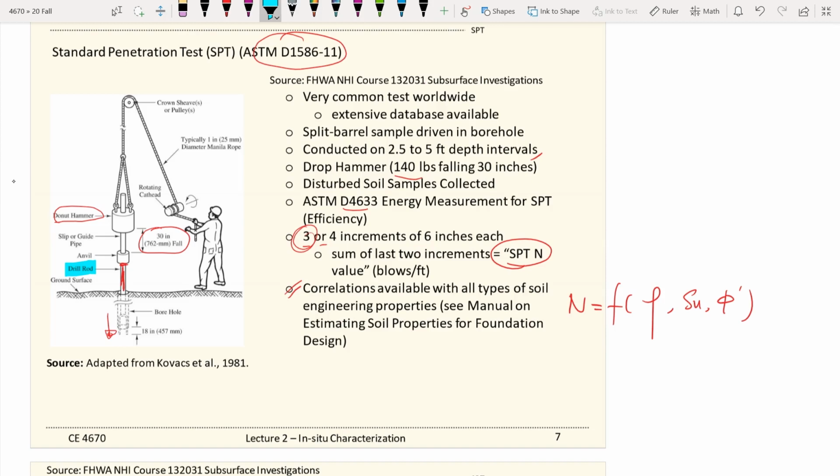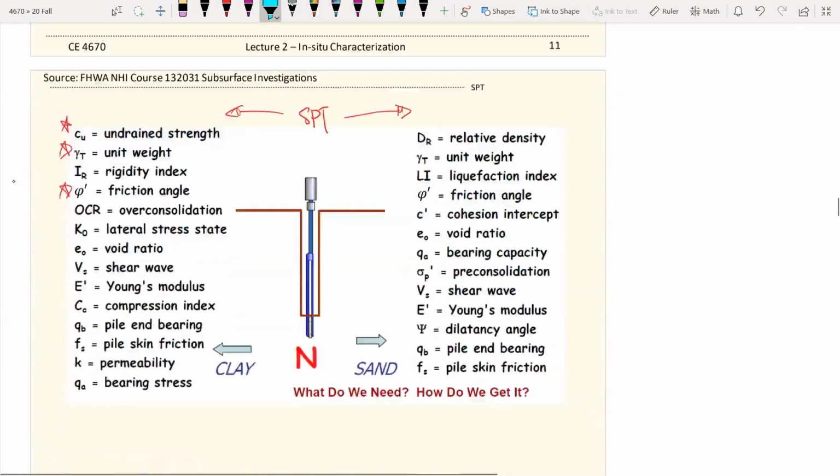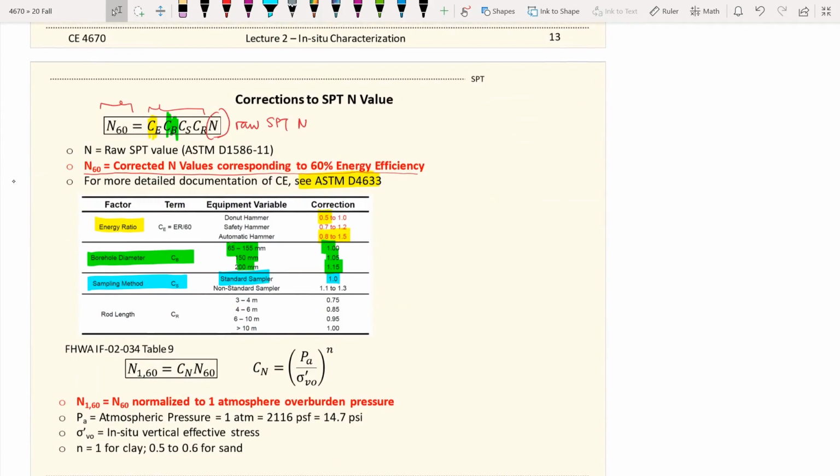Your hammers to the header and then also to the sampler. So this rod length right there also affects your correction factors because, imagine, it's not just like a Cal State area, or not even just California, or even not just the United States. Practicing this SPT is worldwide.